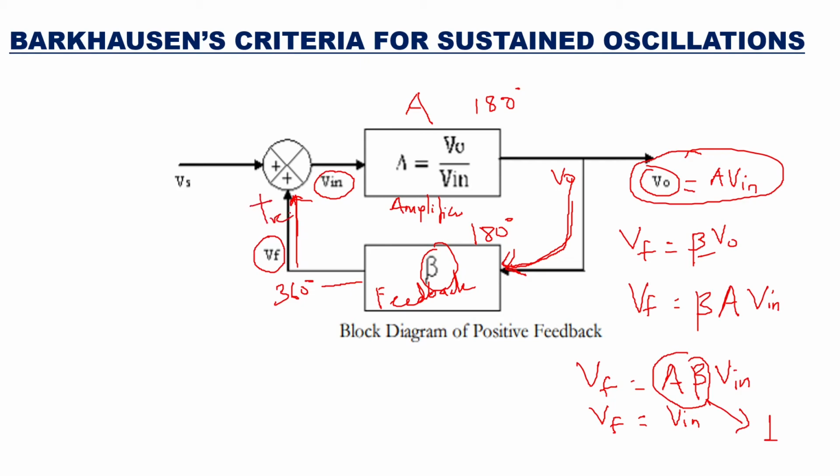Once the input is given at the start, after that the circuit will work only on the supply voltage, that is the DC supply required for it. That is why there is no need of input for an oscillator circuit.